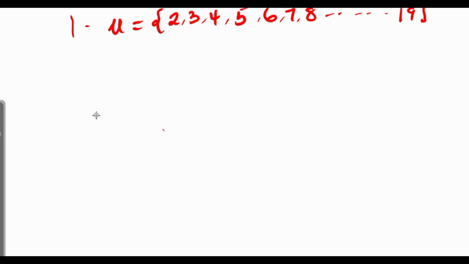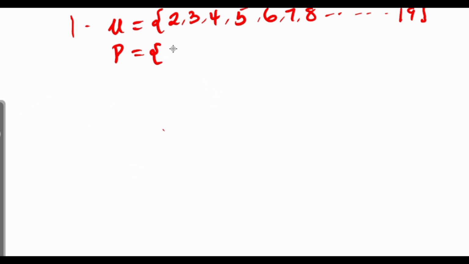Now P is a set of X such that X is a multiple of 3. P is a subset of the universal set. It means all the elements in P are in the universal set.